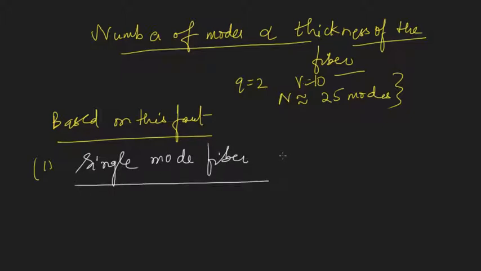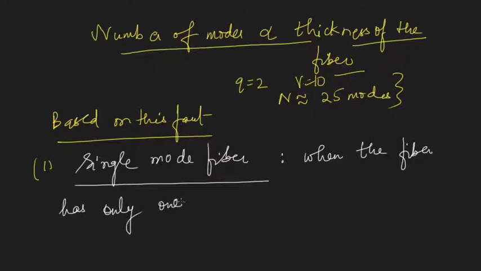When the fiber has only one mode, it is termed as single mode fiber, and here the light travels along the axis.